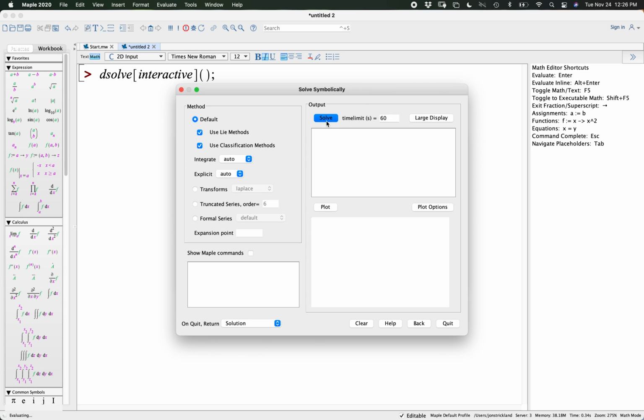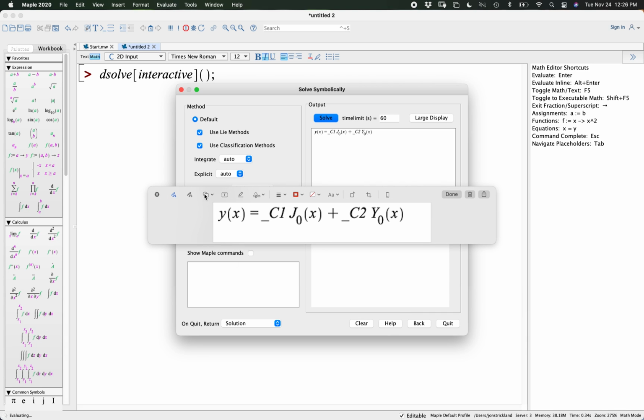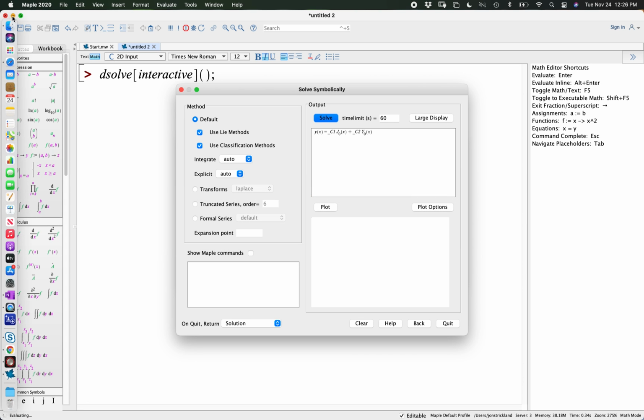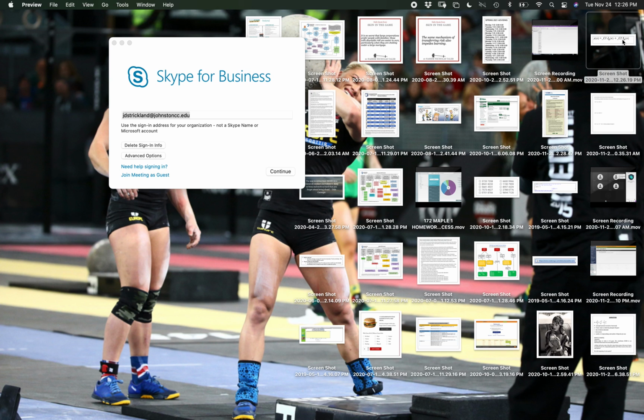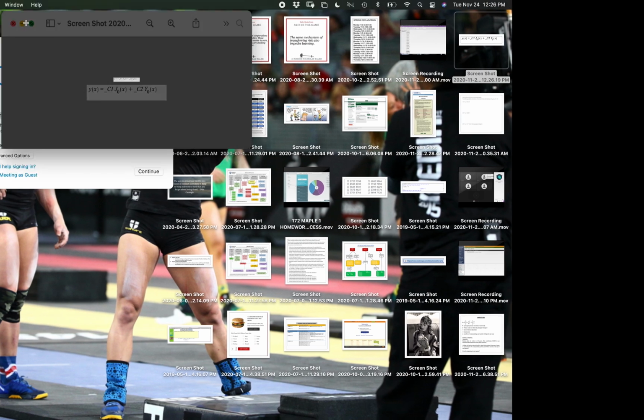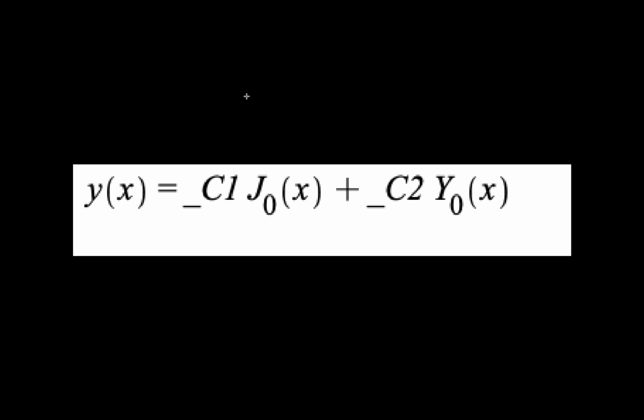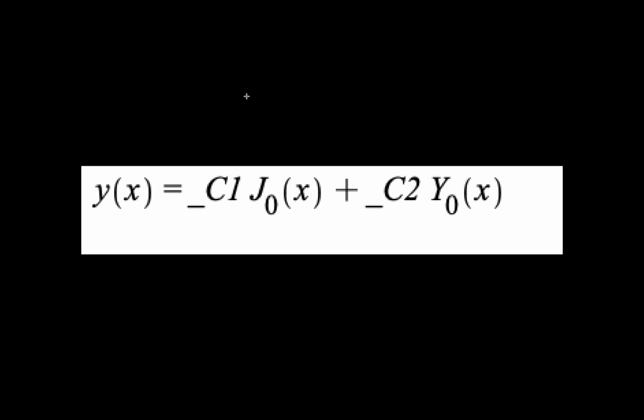And if we look at solving symbolically, for the item of interest, this is J_0(x), that's the Bessel function of the first kind, used for order 0, and this is the Bessel function of the second kind.